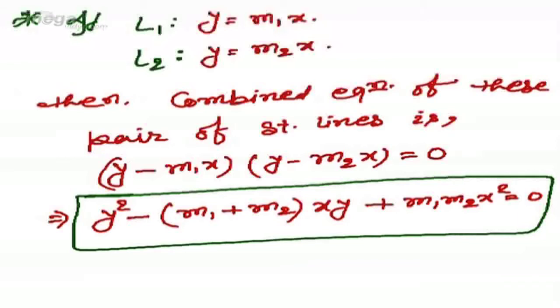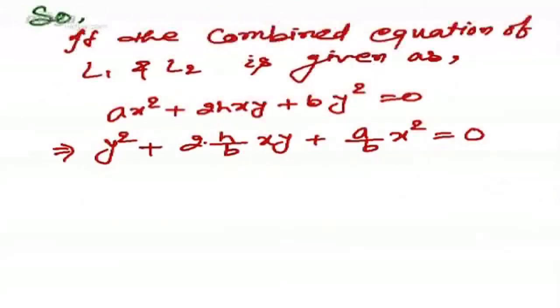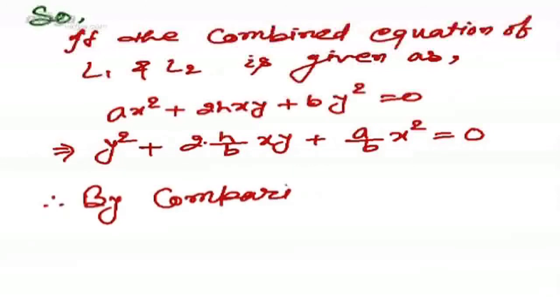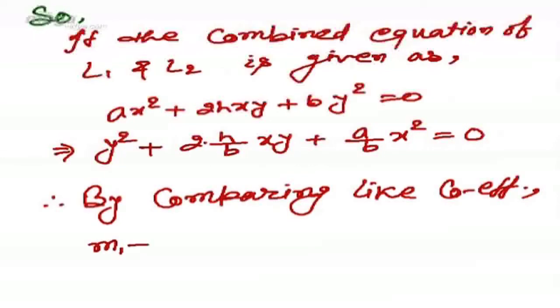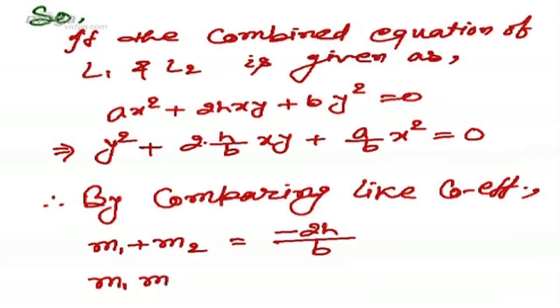It means the coefficient of all other like terms will be the same. So if we compare, we will get here m1 plus m2 is equal to minus 2h upon b, and m1 into m2 is equal to a upon b.